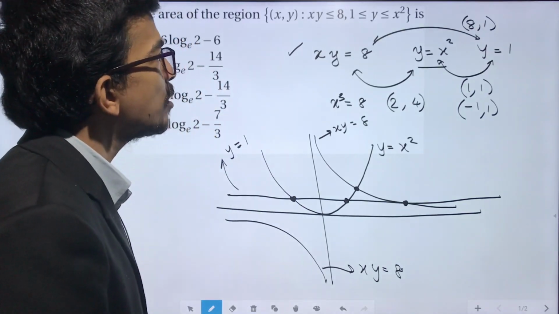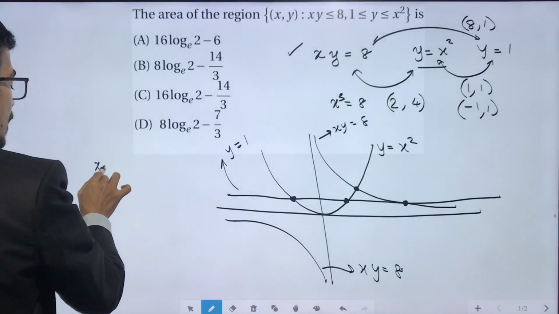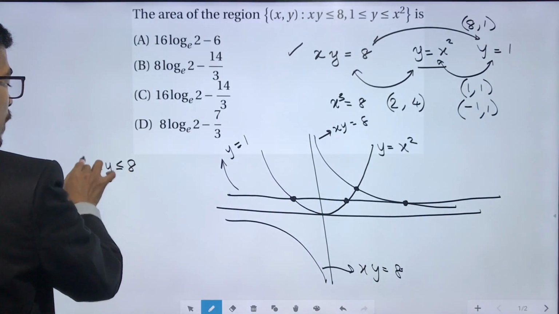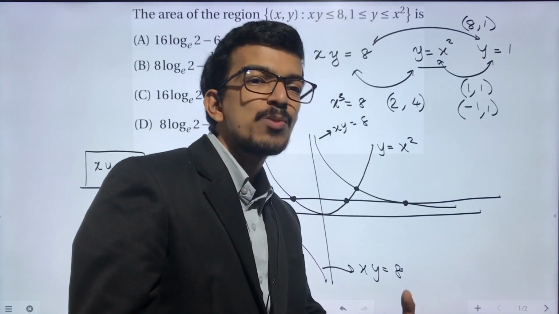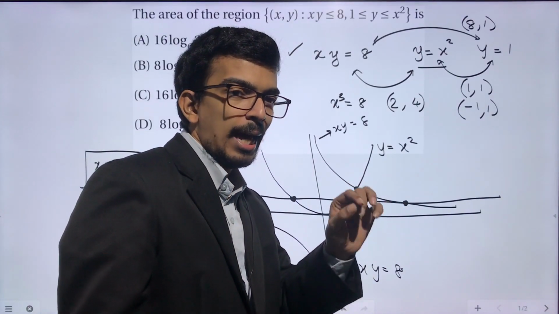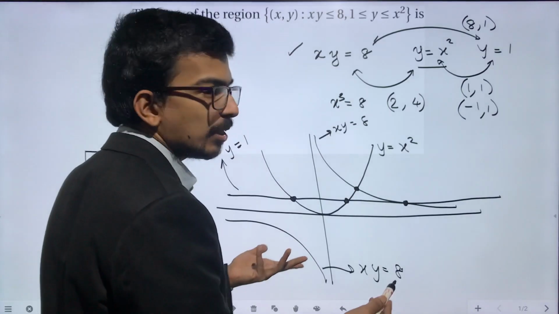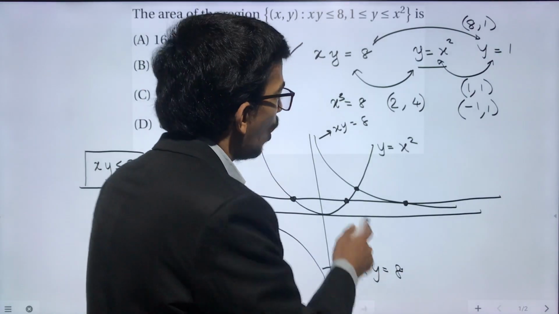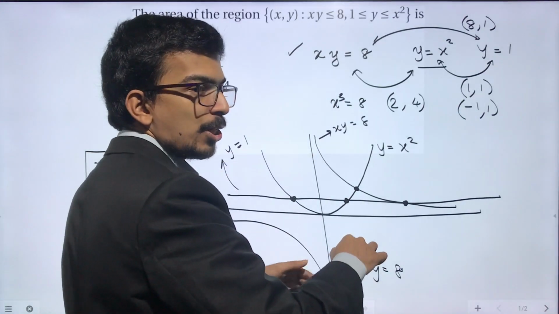Okay, now let's look at the inequalities. We have xy less than or equal to 8. xy equal to 8 will represent all points on the rectangular hyperbola. So this curve is basically dividing the region into two.